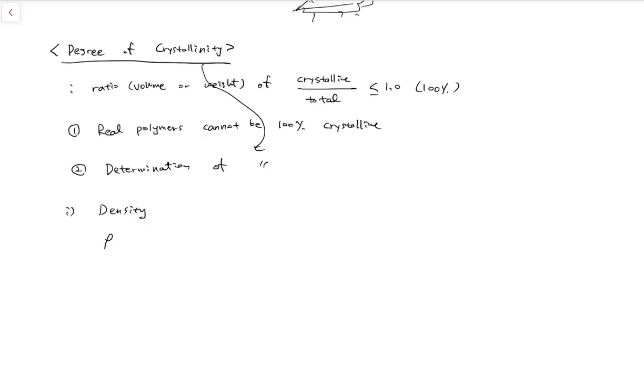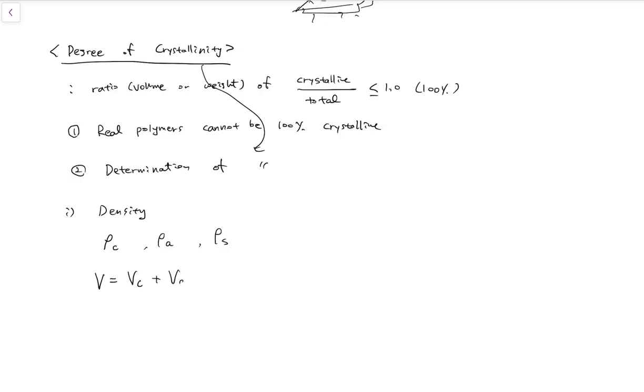So let's say that the density of the crystalline region is rho sub C. The density of the amorphous region is rho sub A, and the density of the real polymer sample is rho sub S. Then, since both crystalline and amorphous regions basically form the total sample, the total volume of the polymer sample will be the volume of the crystalline region plus the volume of the amorphous region, right?